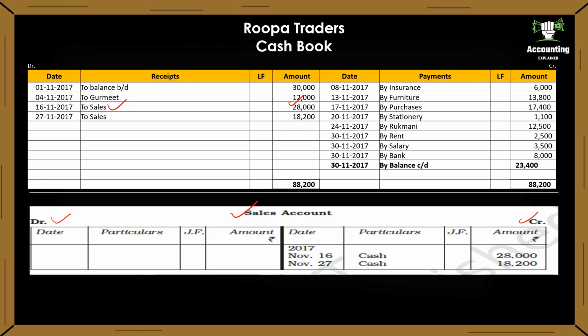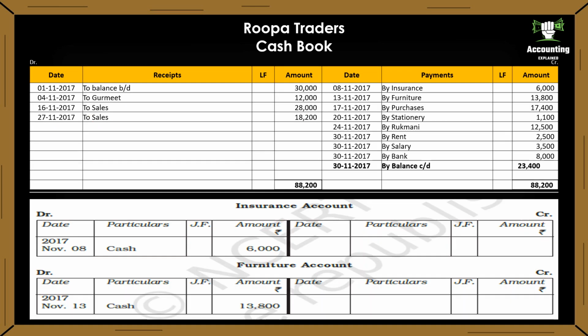Here, on 16/11/2017, you have to write by cash 28,000. Another transaction is on 27/11/2017, to Sales, 18,200. Again on 27/11/2017, on the right side, by cash 18,200. We have completed the receipt side.